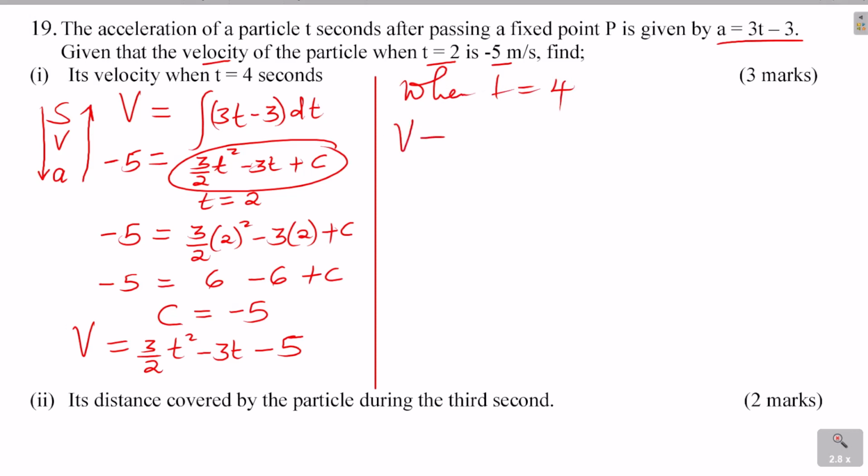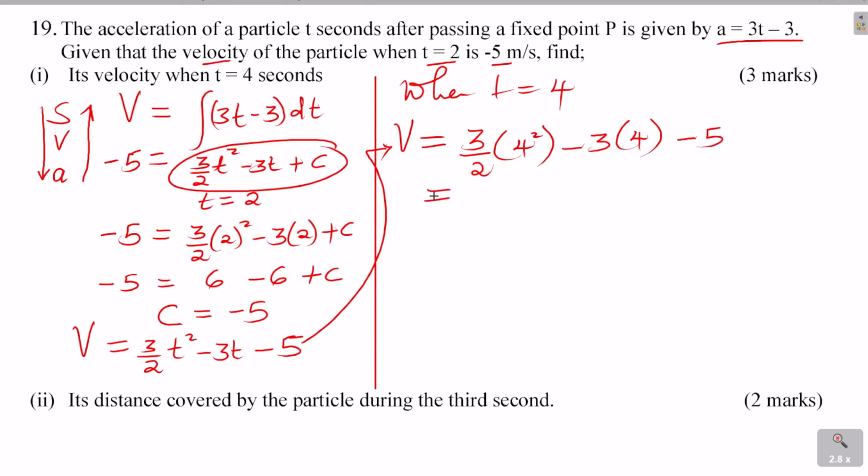So velocity will be 3/2 times 4 squared minus 3 times 4, minus 5, since time is 4 seconds.